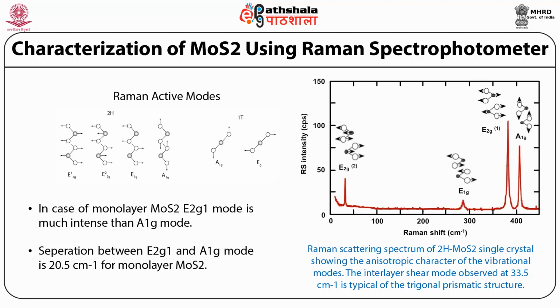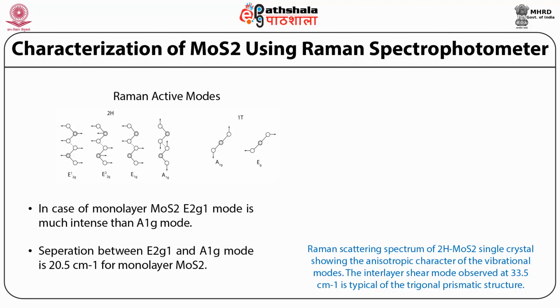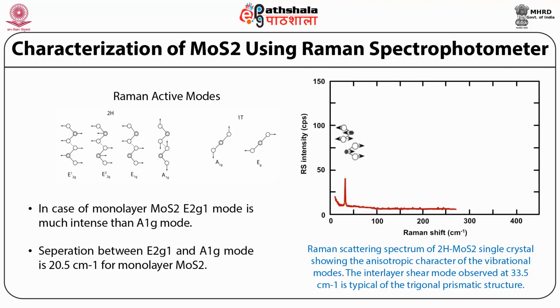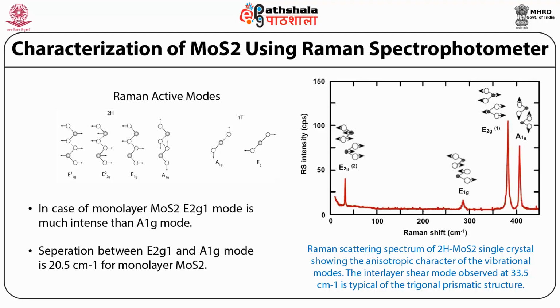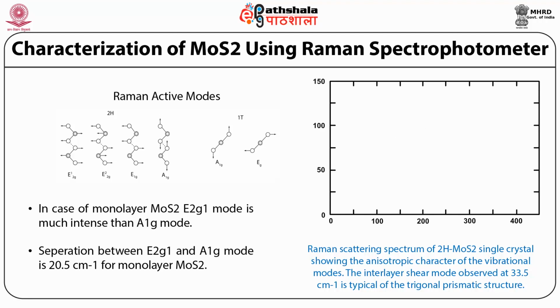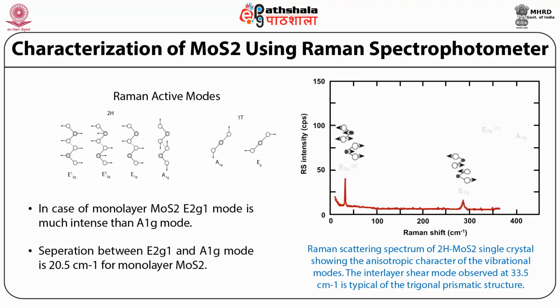There are 4 first order Raman active modes in MoS2. All of the first order bands are a result of vibrational modes within the S-Mo-S layer, except for the E2g 32 cm inverse band, which is due to the vibration of the adjoining rigid layers.